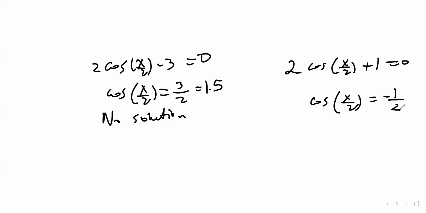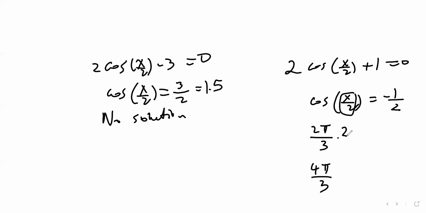Normally, if this was x, then you would have 2 pi over 3 and 4 pi over 3. But the period of this function is 4 pi, because it's divided by 2. And also it's divided by 2, so I'm going to have to multiply each of these by 2 as well.